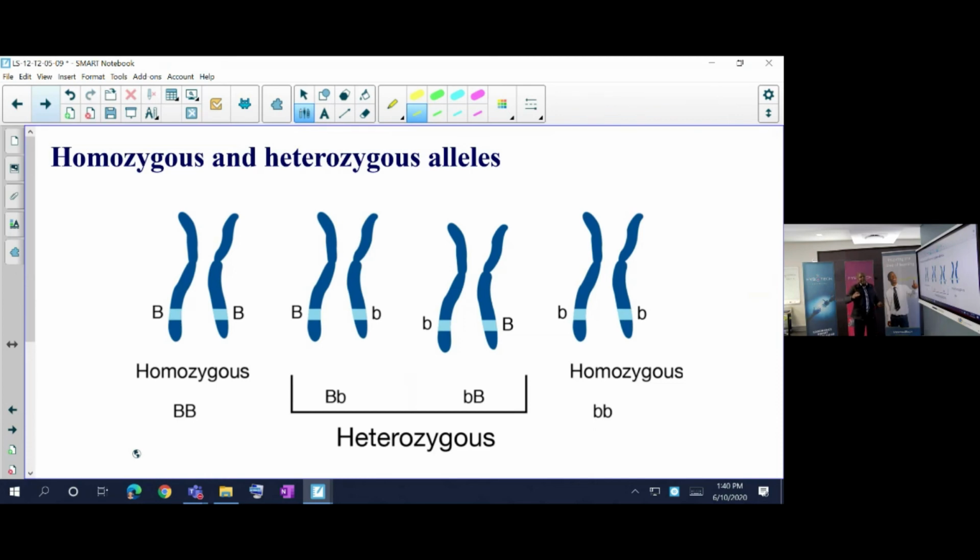However, because of the nature of complete dominance, if you have a heterozygous genotype, you exhibit the dominant phenotype.